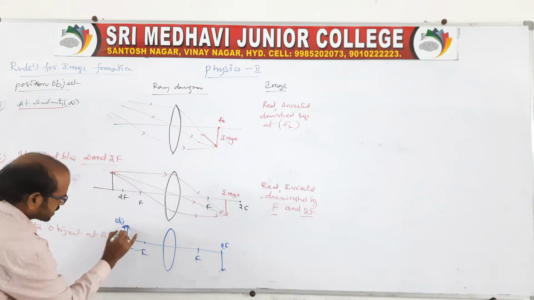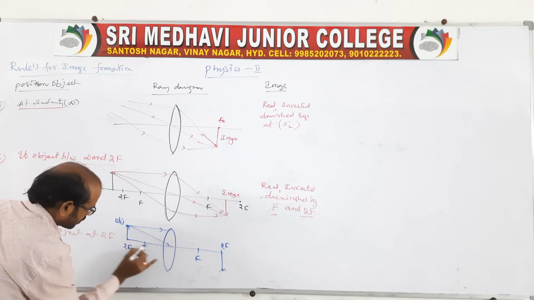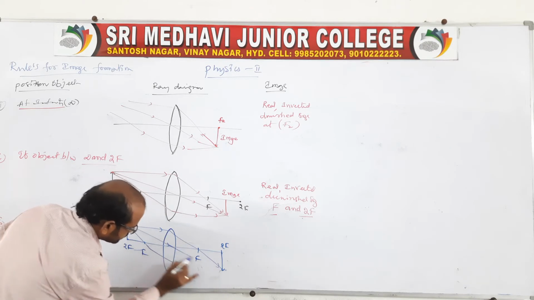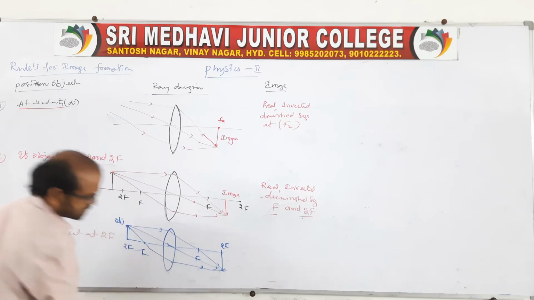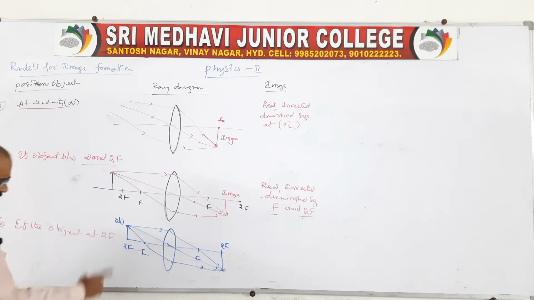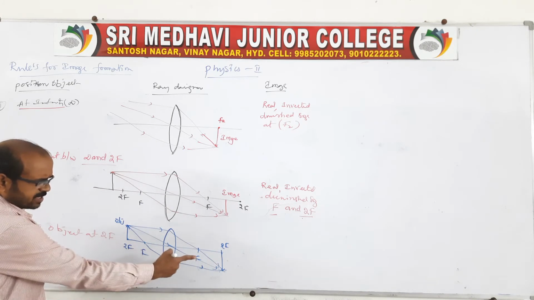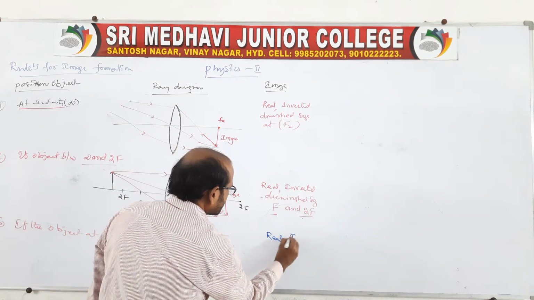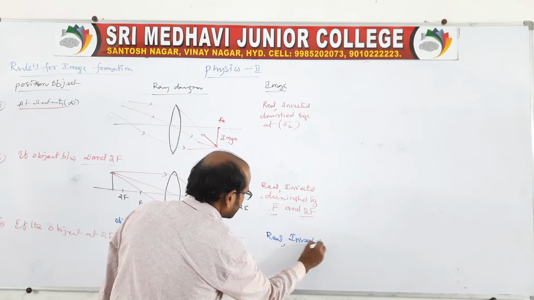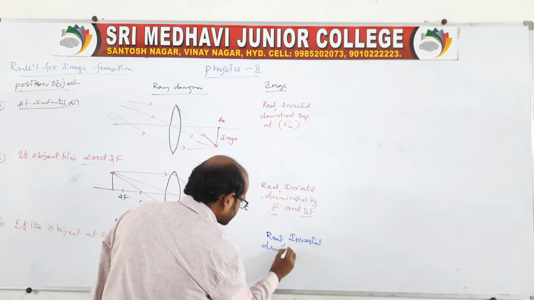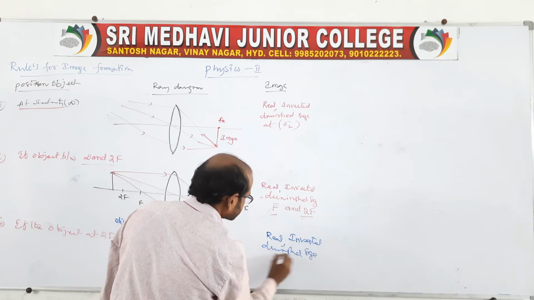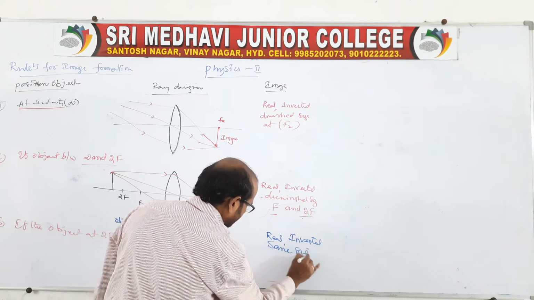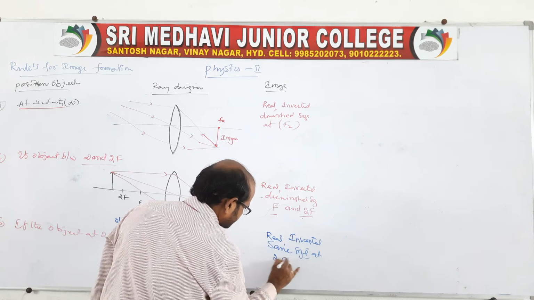The ray that goes through the optic center goes like this, and therefore it forms like this. When the object is at 2f, the image will also be at 2f. It is real, inverted and, sorry, same size, equal, at 2f.